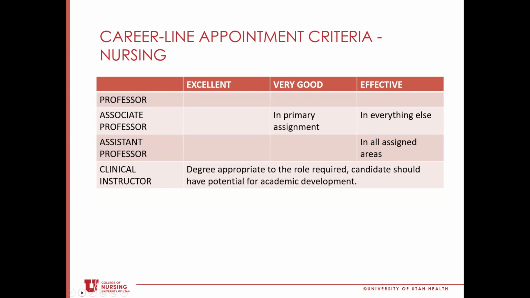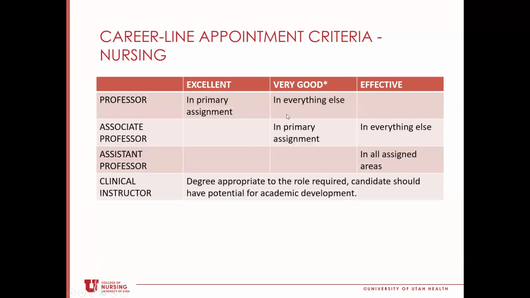And then again, in the College of Nursing, as one moves up, the expectation at full professor is that you're excellent in your primary assignment and very good in everything else. So this is one example of how a department puts this together to meet their specific needs.